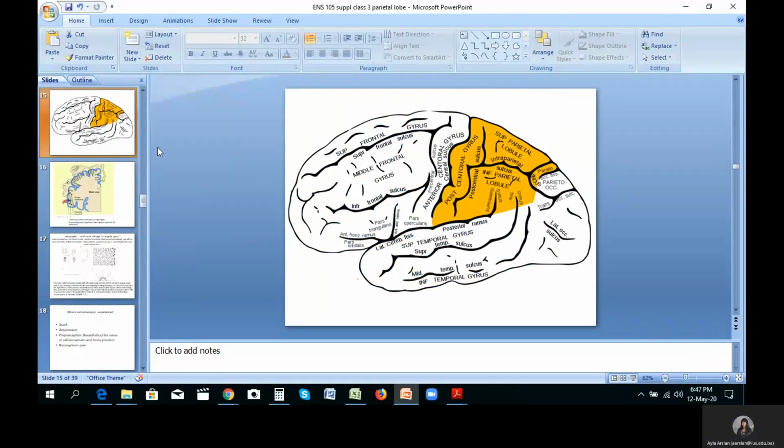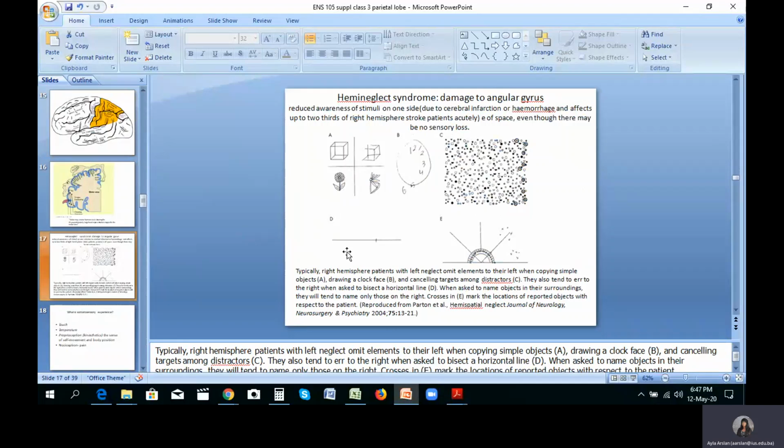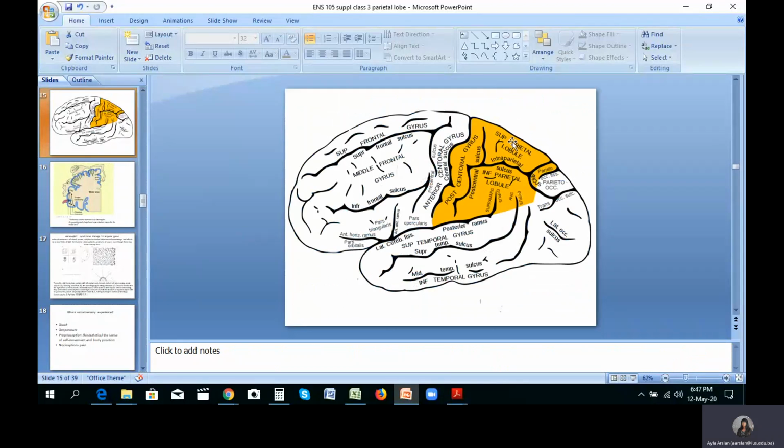But with this example, we understand that the posterior part of the parietal lobe is involved in the integration of these senses. That's why, although the visual system of the patient is fine, because of the damage to the angular gyrus here, these people have this neglect syndrome.